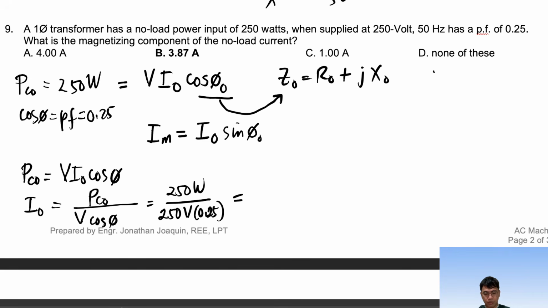250 over 250, or 1, divided by 0.25. So we have 4 amperes. So I sub naught.